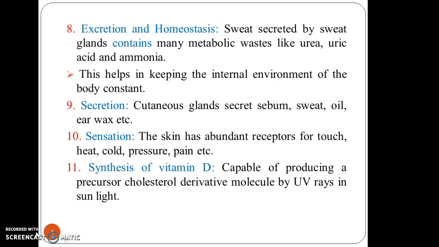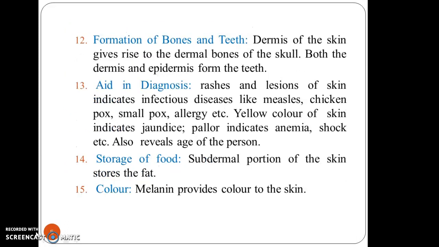Next, a very important function of the skin is that it is responsible for the synthesis of vitamin D. It is capable of producing a precursor cholesterol derivative molecule by UV, that is ultraviolet rays in sunlight. So for the production of vitamin D in our body, the precursor required comes from the sunlight and with the help of the skin.